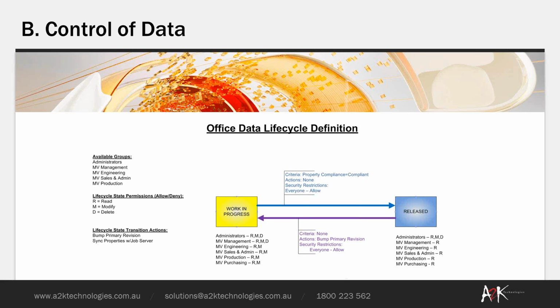At each state, we can then tell Vault, again, who's allowed to read, modify, or delete at different states in the lifecycle. So for example, at the work in progress, we can see here that the administrators have a read, modify, and delete capability at this stage.